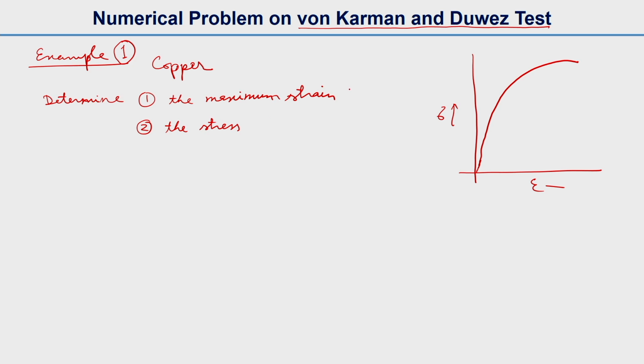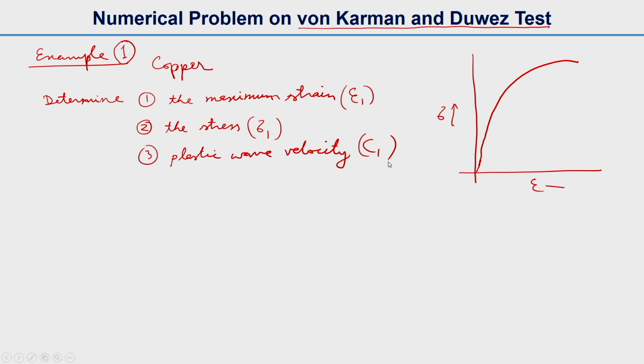The stress at the maximum strain, as we know, we write as epsilon 1, here it's sigma 1, and we need to get the plastic wave velocity, which we denote as C1. C naught is for the elastic wave velocity. These three we need to find out as a function of V naught, the impact velocity.